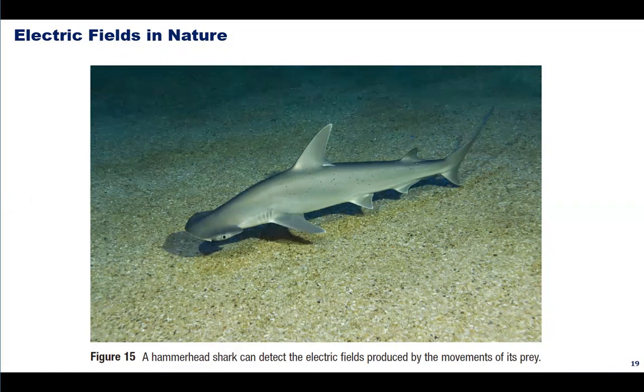Although the shark cannot see the goby, it can detect these electric fields up to 25 centimeters above the sand. Having detected the goby, the hammerhead shark swims in a figure 8 until it pinpoints the location of the greatest electric field strength and then catches and consumes the goby.